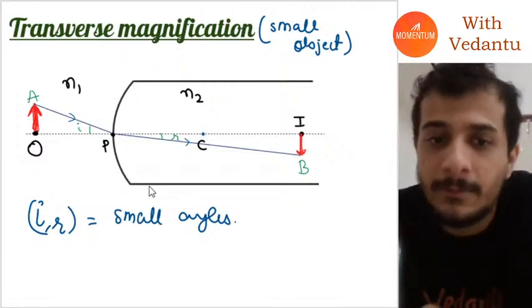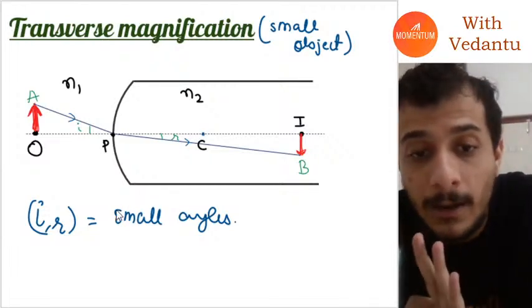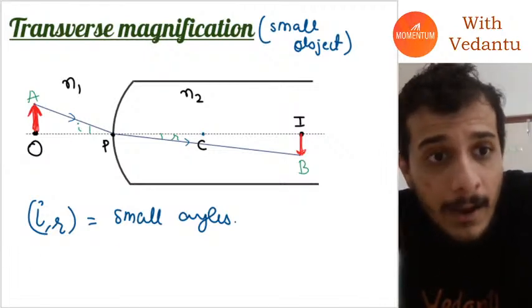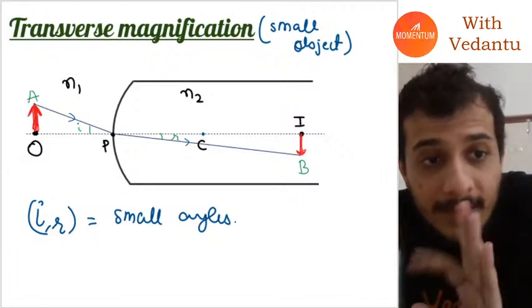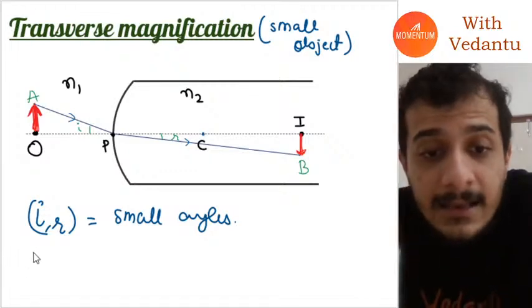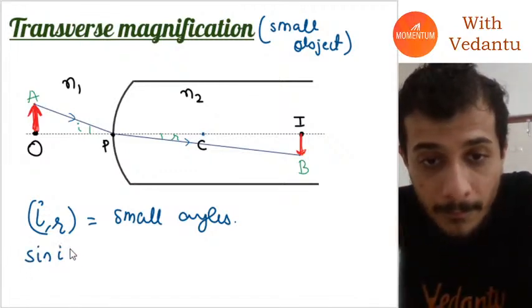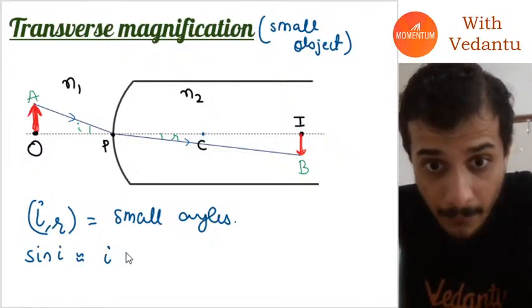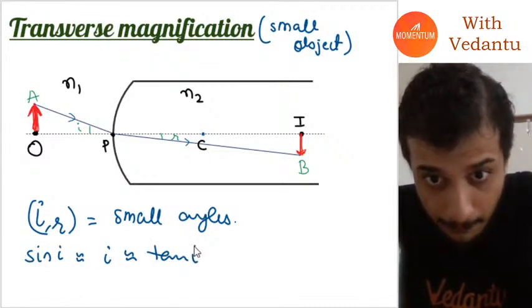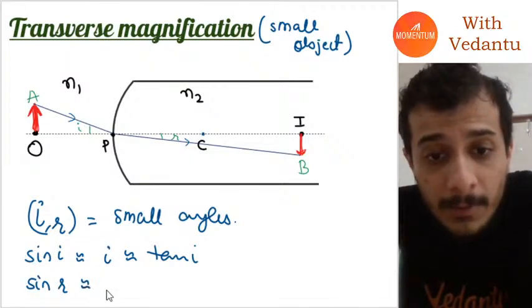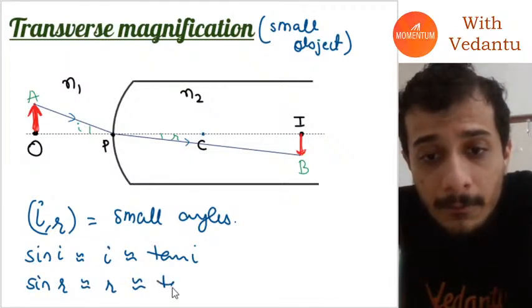Object is small, image will be small, so I and R will be small angles. Now, if I and R are small angles, then sine I will approximately be equal to tan I, and sine R will approximately be equal to tan R.